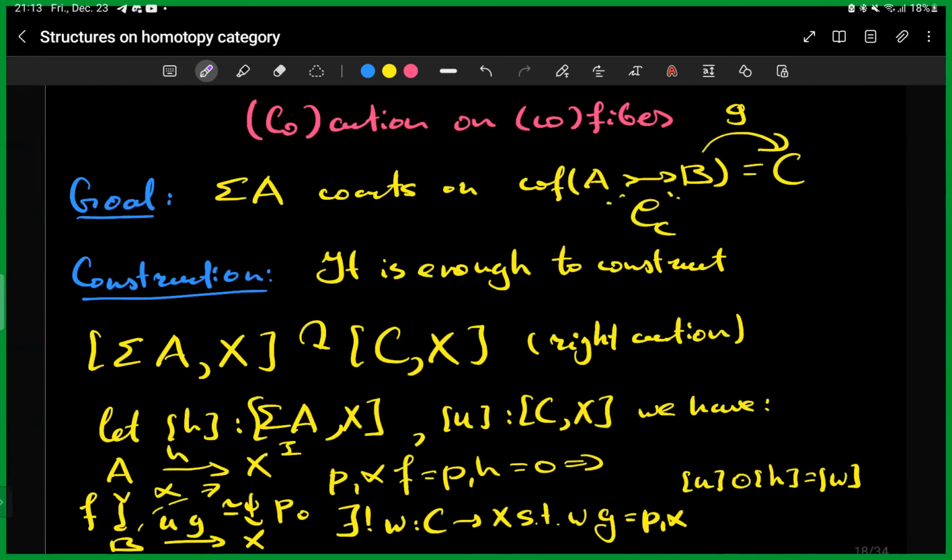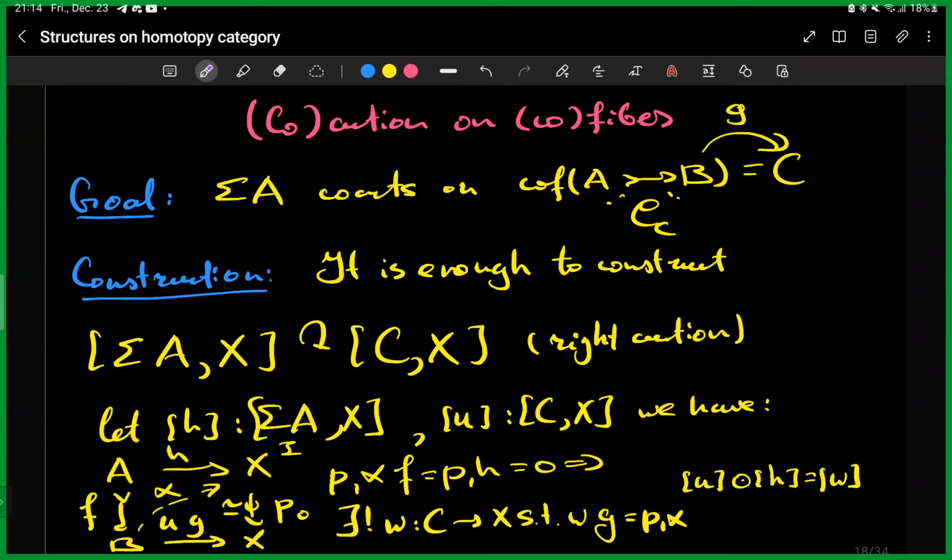Now, another familiar thing from topology is the fact that we have a coaction or action on the cofiber or fiber of the suspension or the loop space. So in one case, it's the suspension of the source of a cofibration, and in the other, it is the action of a loop space of the target of a fibration.